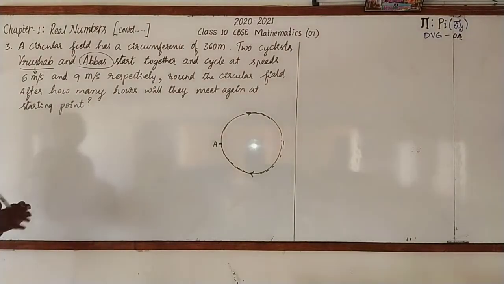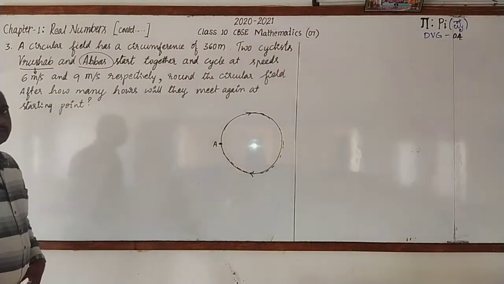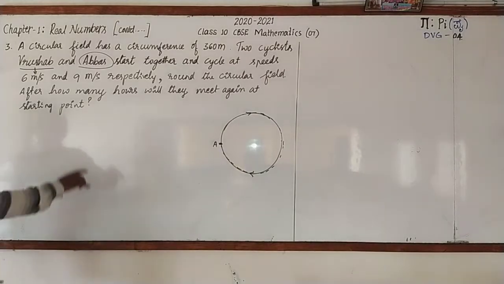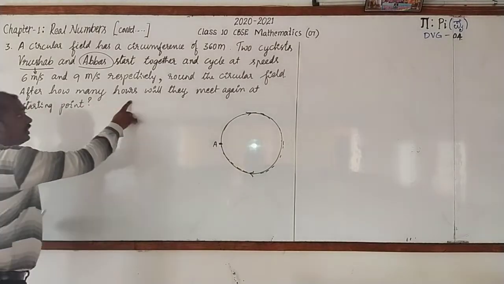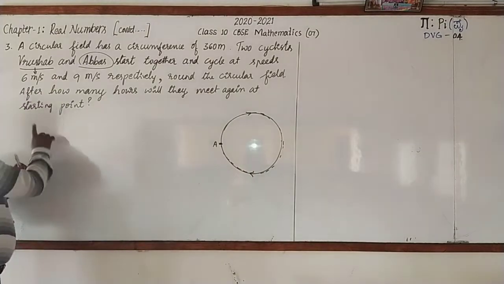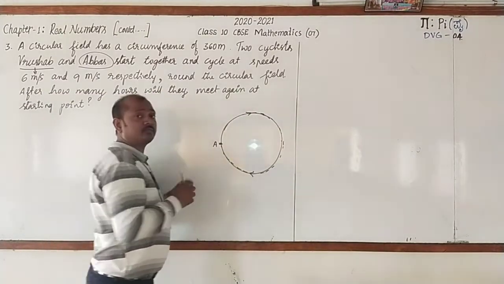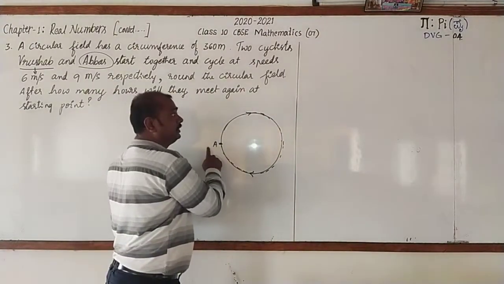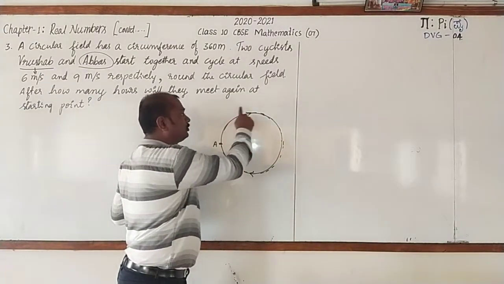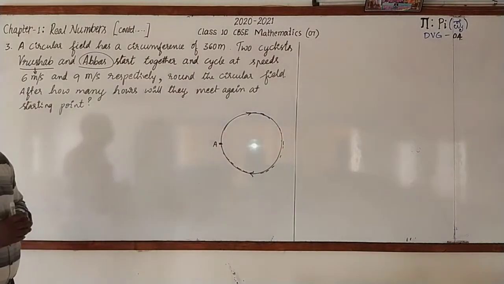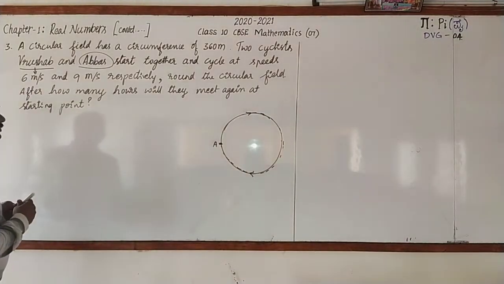LCM, right? Okay, this is the statement related to LCM. But how to find that? They have asked after how many hours will they meet again at the starting point. To find that, you must know the time taken by each of these two cyclists to complete one round. Let's go for finding that.